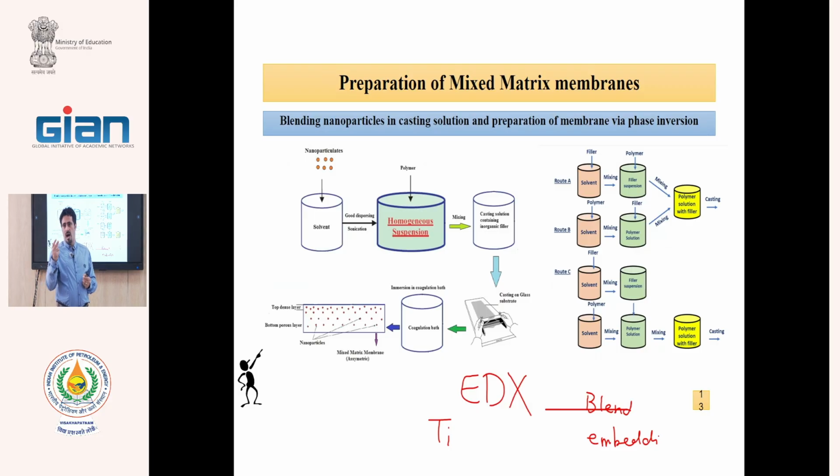But higher concentrations, 5 and more than 5, reduce the flexibility and strength of the membrane. Also agglomeration of nanoparticles reduces the strength. When we have agglomeration, we have a defect, and the agglomerated place is susceptible to breaking.